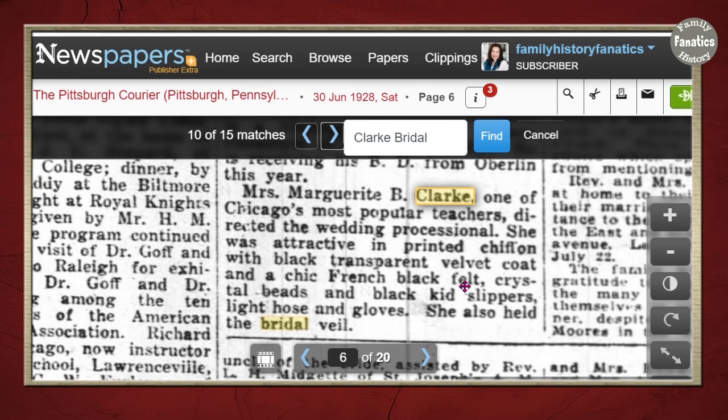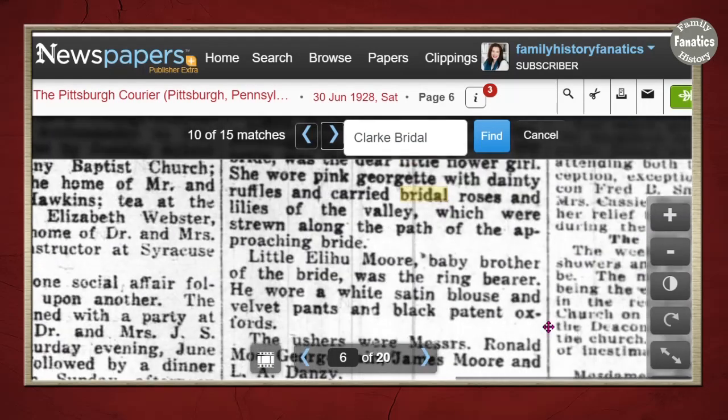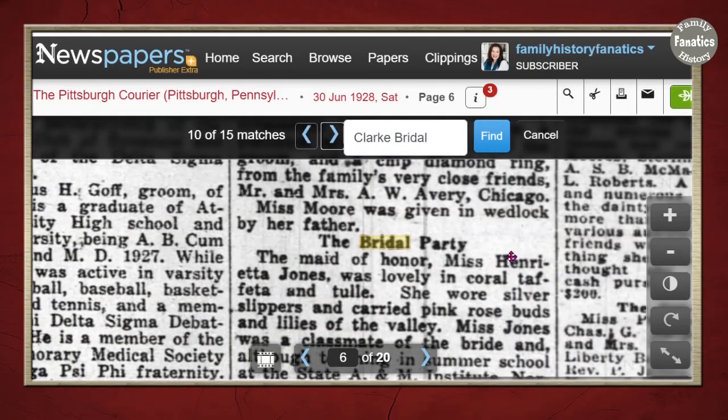She was attractive in blah, blah, blah. She also held the bridal veil. So she did interact and participate in a wedding.